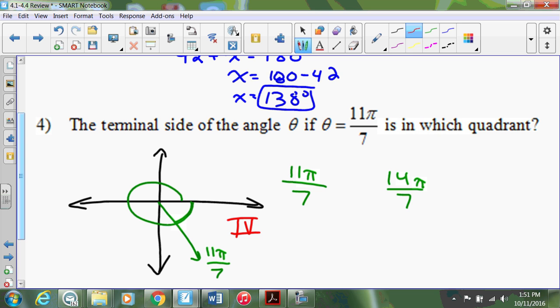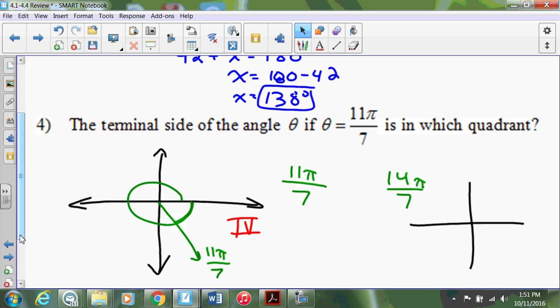If you weren't sure of that, you could think about splitting up the first two quadrants in sevenths, since our pi would be 7 pi over 7. That would mean we'd have 7 equal parts.